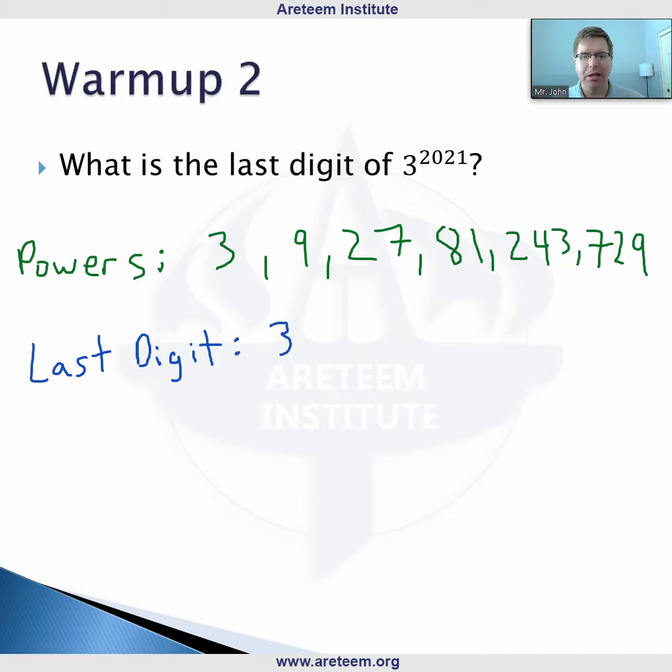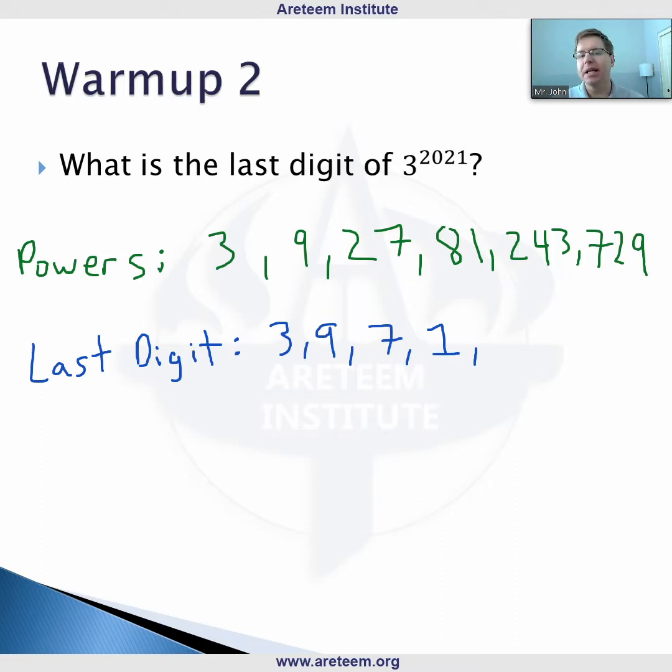So we have 3, we have 9, we have 27, which is 9 times 3. But then all that matters is the last digit, so that's 7. Well, 7 times 3 is 21. Notice that 21 and 81 have the same last digit, 1. That doesn't matter if we're worried just about the last digit.